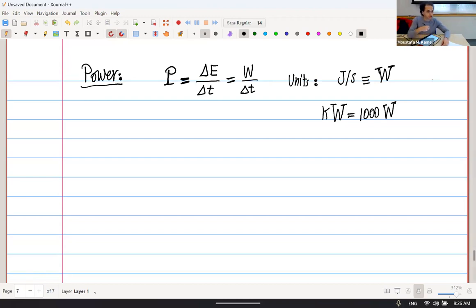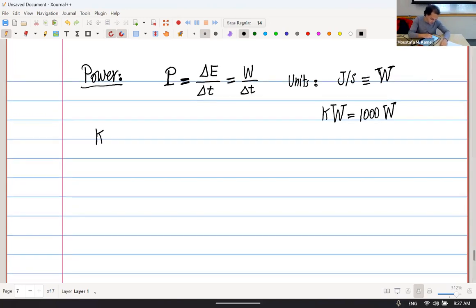Sometimes you see the units of energy given in kilowatt hours, right? So I gave you a problem in homework, last problem, and I gave you that for each kilowatt hour there is a price you pay, and then if you left something on for an amount of time, how much does it cost?